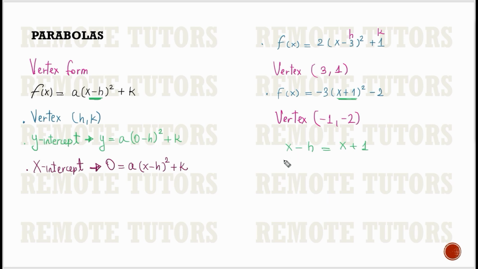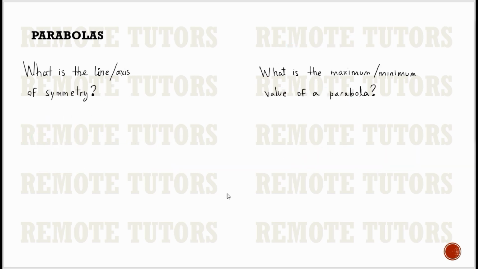No. So, in order to have a sum instead of a difference, it has to be written in this way. Now, this is x minus 1. For that reason, I know that h is a negative.